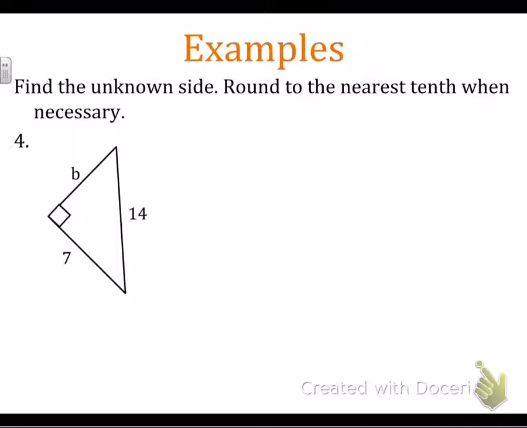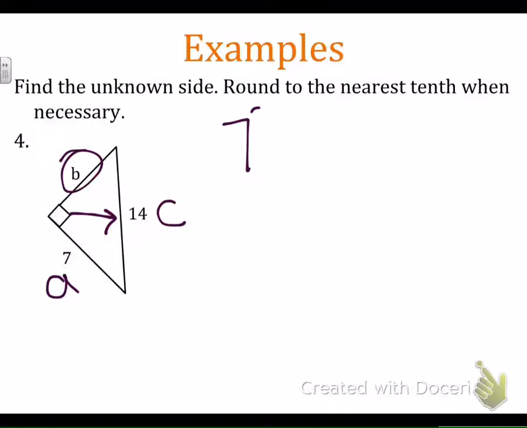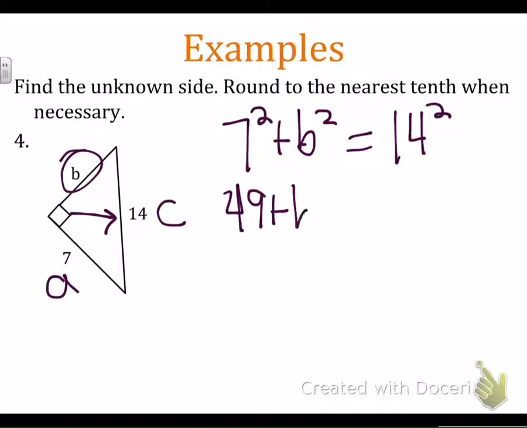Alright. So directly across from the right angle is our c value. That's 14. We're looking for b, so 7 must be our a. So 7 squared plus b squared equals 14 squared. So 49 plus b squared equals 196.